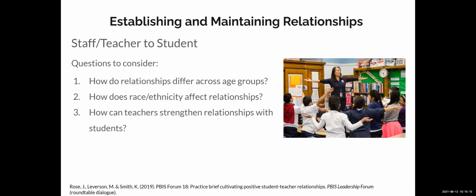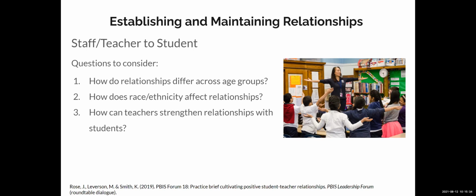Having opportunities to receive regular structured feedback about their interactions with students. And then having your own objectives. What are your goals for improving interactions with students? And what data are you collecting to show that you are meeting those goals?